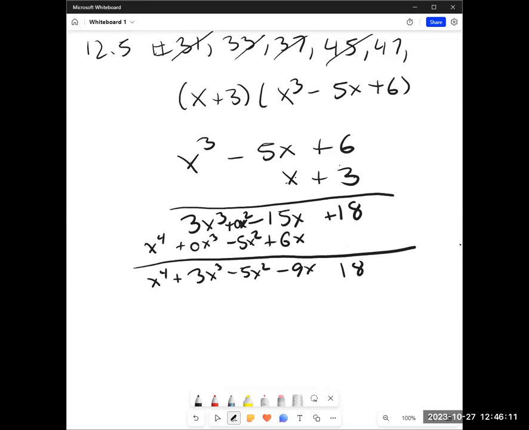That would have been the same thing as if we would have taken x times x to the 3rd minus 5x plus 6 plus 3 times x to the 3rd minus 5x plus 6. And this first part here would have given us this second row, and this second part over here would have given us this top row, and we would have had to combine our like terms and we would have gotten the same answer.